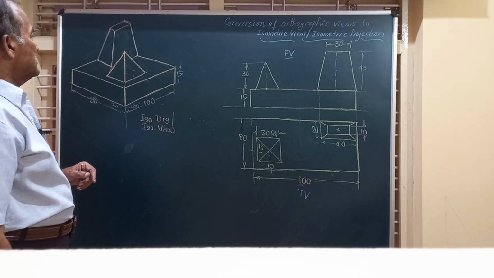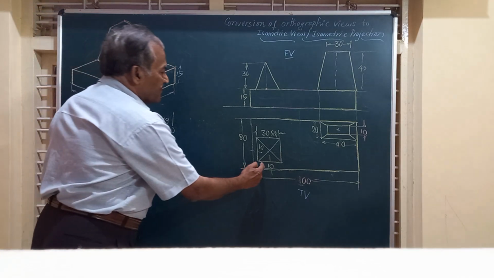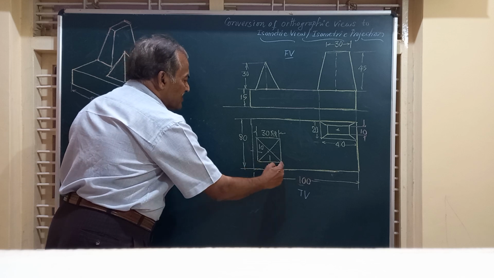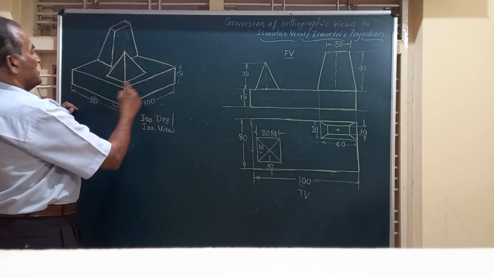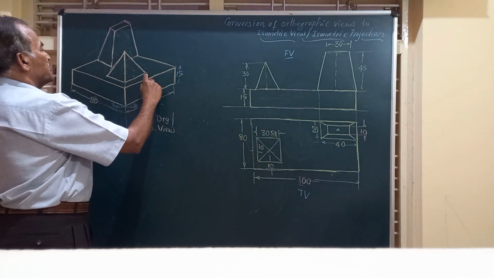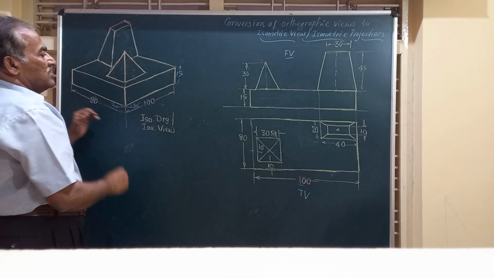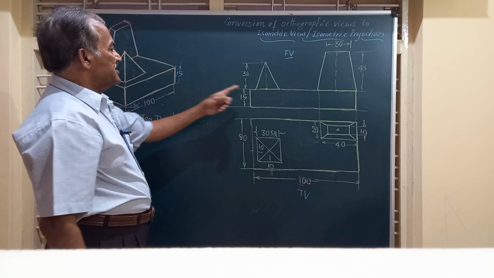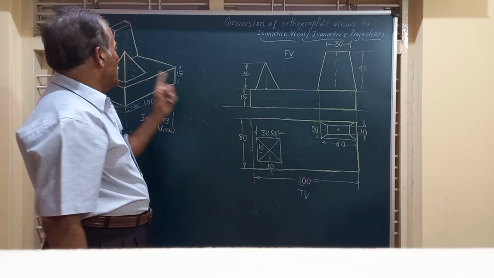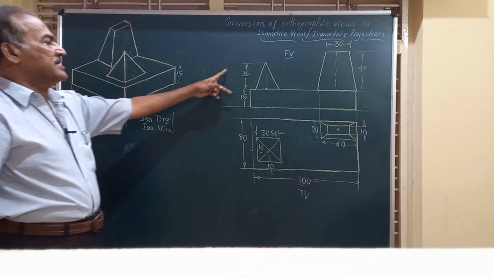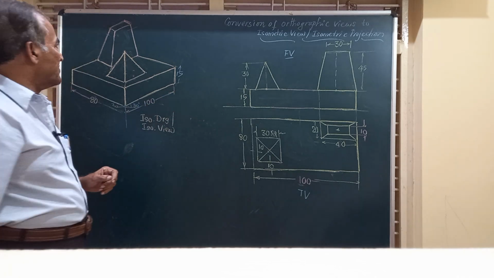And friends, then in the front corner on the left side, you have a square pyramid with the edge parallel to that dimension. So this is at a gap of 10 millimeter. So this will represent the front and top view of the square pyramid, which has got a height of 30 mm. Even that is satisfied.